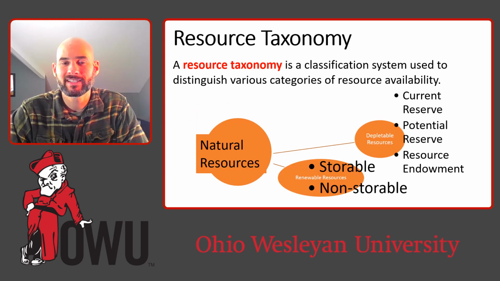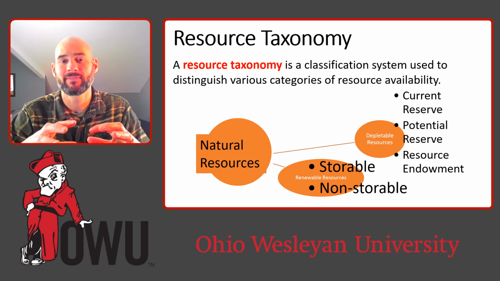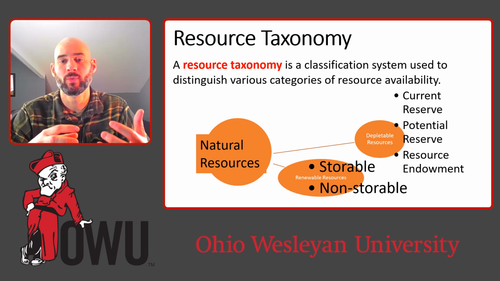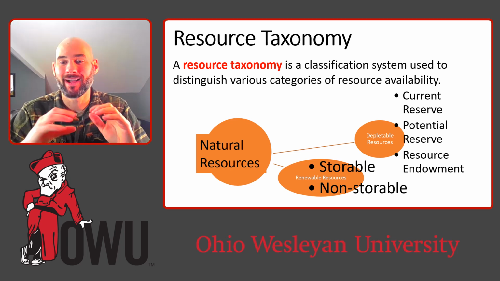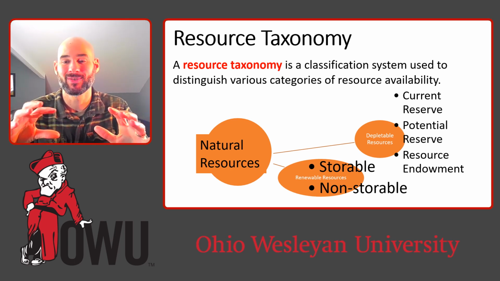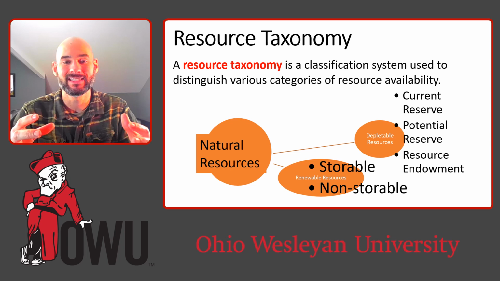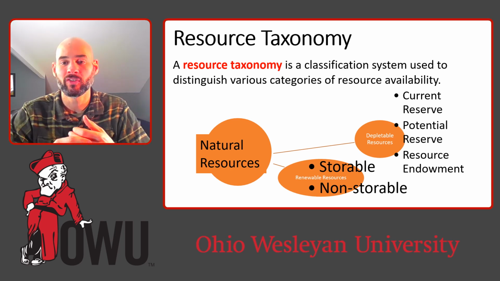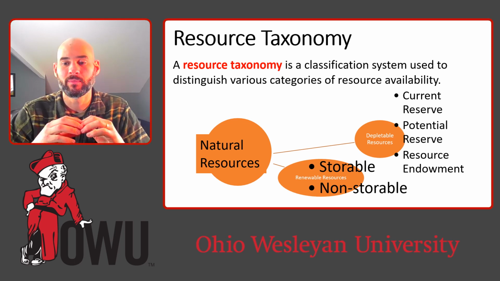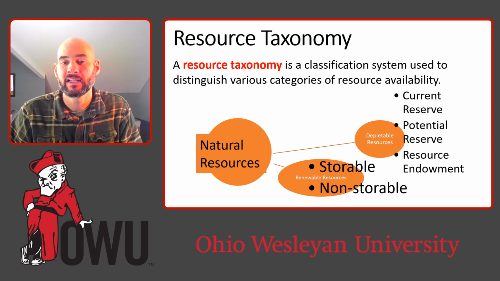So over the next couple of slides, I want to think of a couple different ways of classifying our natural resources. And I apologize, this image just got completely distorted when I converted it to this frame that I like to use for my online videos. But we can primarily distinguish natural resources as either being depletable or renewable, in other words, as being non-renewable or renewable.